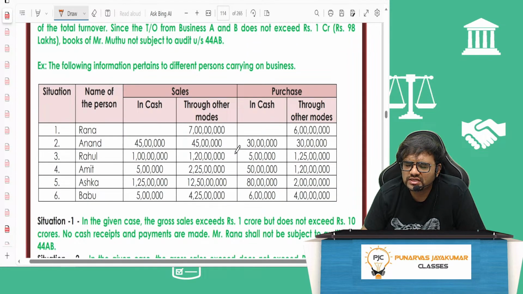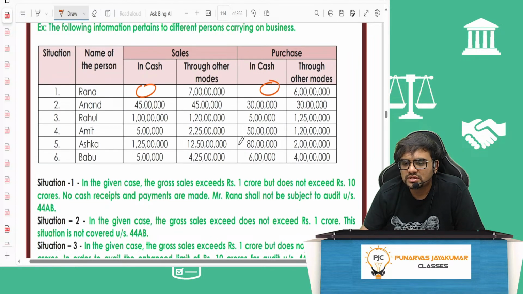Generally, what is the tax audit limit? 1 crore. But that 1 crore is increased to 10 crore if your cash sales is less than 5% and cash purchase is less than 5%. Here he doesn't even have any cash sales or cash purchases. Hence, for Rana, tax audit will not apply because the tax audit limit will be increased to 10 crore.